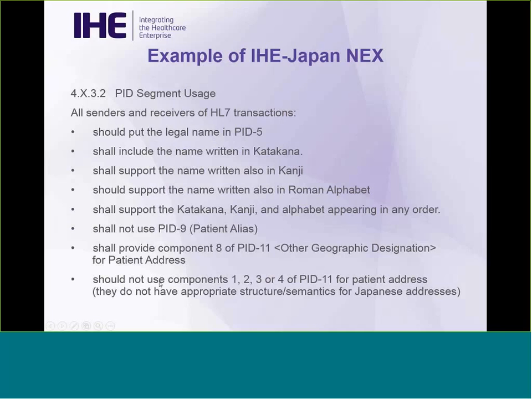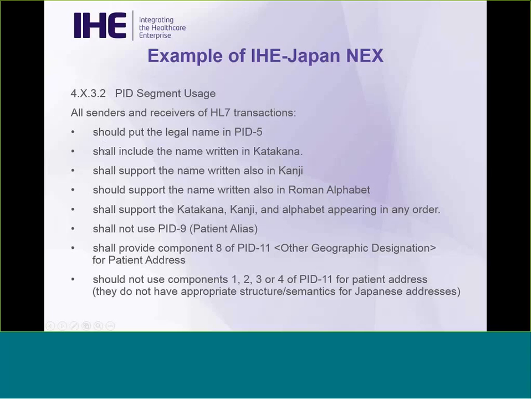Here's an example of what a chunk of the national extension looks like. So this is about the PID segment. And basically all senders and receivers of HL7 transactions that send a PID segment in Japan put the legal name in PID-5. We want both the katakana and the kanji, et cetera, and it goes through some of the various details on that.